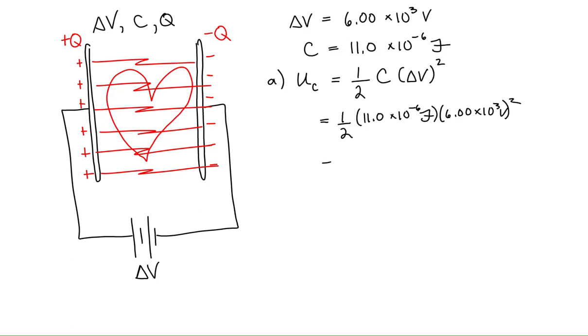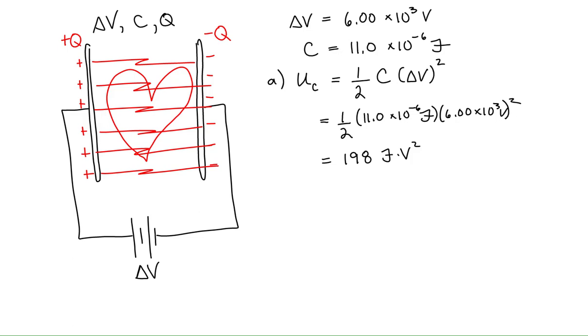When I plug this into my calculator, I get 198 farad volts squared. But is a farad volt squared equivalent to a joule? And we're looking for joules because we're looking for energy. So let's do a quick unit check to make sure our units check out. I'm going to look at the units of the farad and the volt.